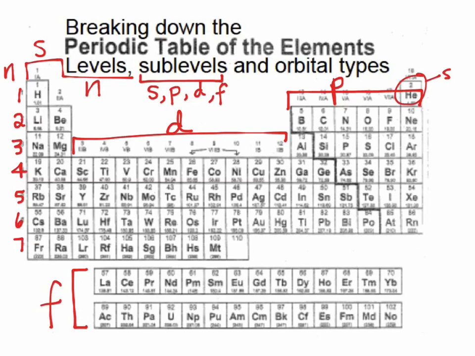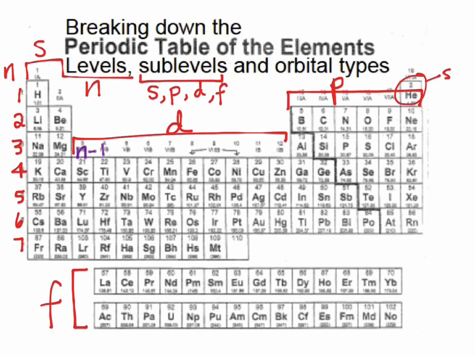One thing I do need you to know is that the D levels start at N minus 1. So if I'm in level 4, when I go to D, I subtract 1 to get that level, so it's 3D. If you're in level 5, you go N minus 1, so 5 minus 1 tells me I'm in 4D.